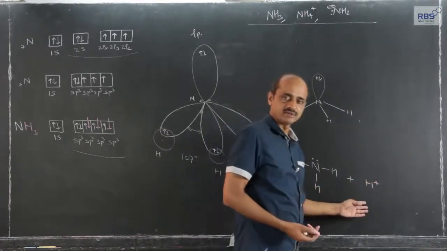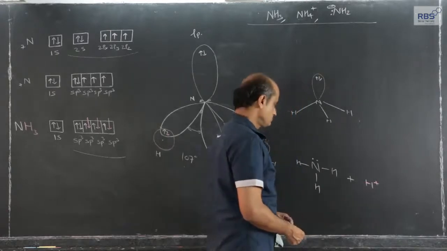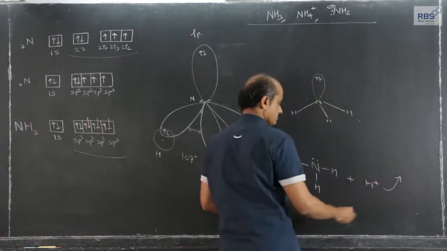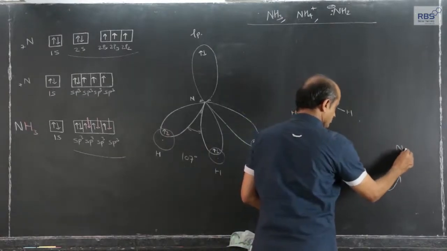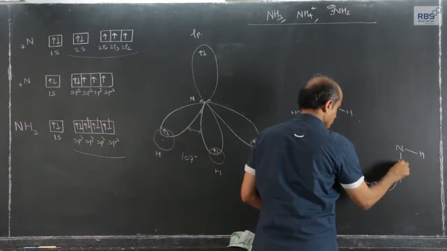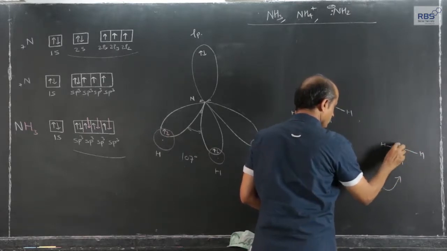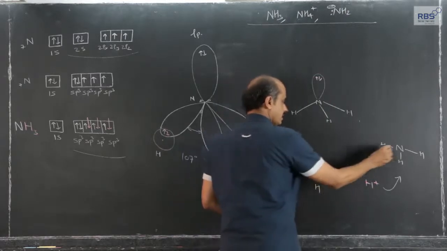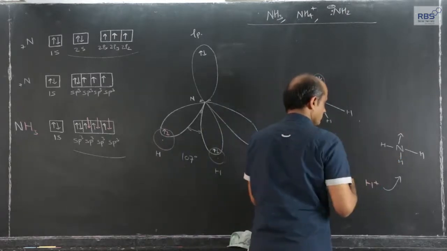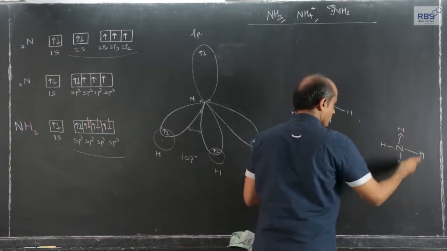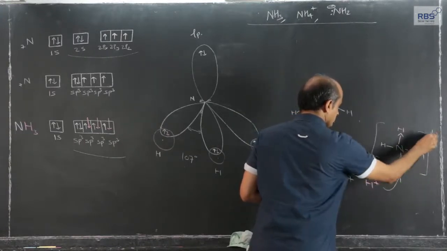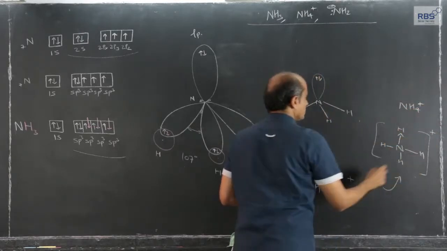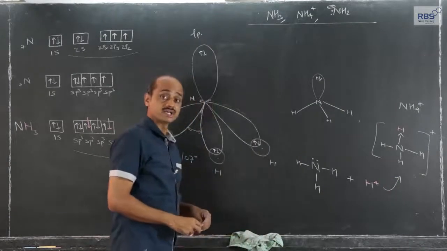This H plus ion can be from HCl, can be from H2SO4, and forms, using the lone pair of electrons and the empty orbital of H plus from the acid, what we call the ammonium ion, NH4 plus ion.